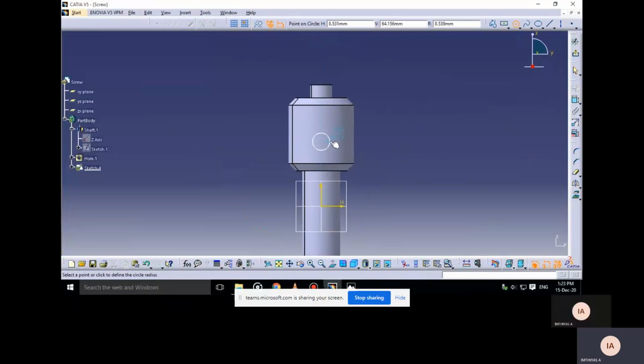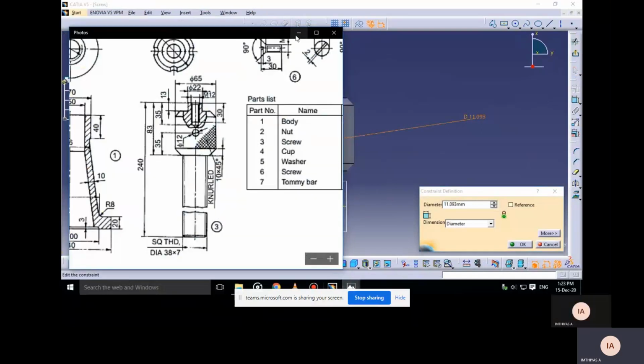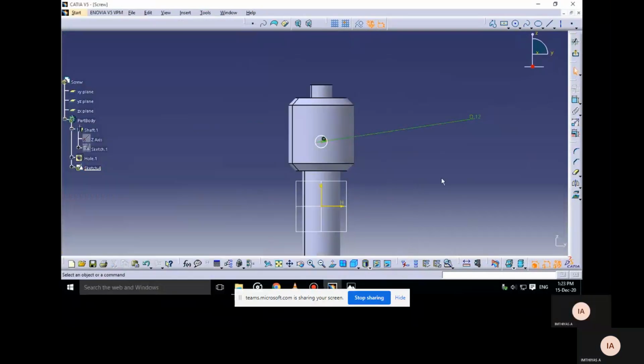And again, we have to make a hole on the body of this threaded shaft so that the Tommy bar will be inserted over there.